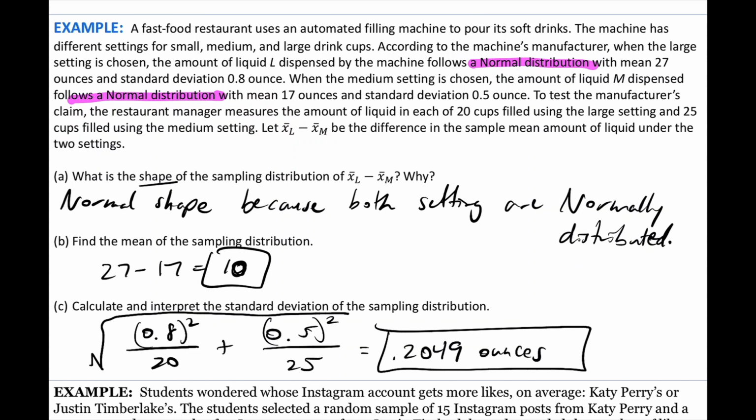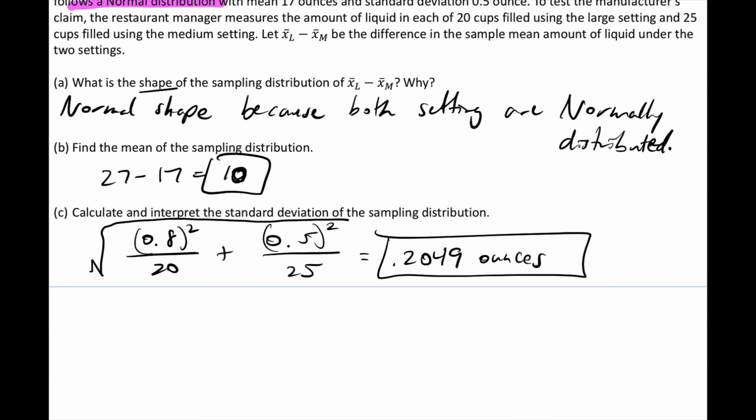On average, each mean of the sampling distribution varies by 0.2049 ounces. Wait, what does this number represent? It represents the variability. And 10 represents the mean difference.